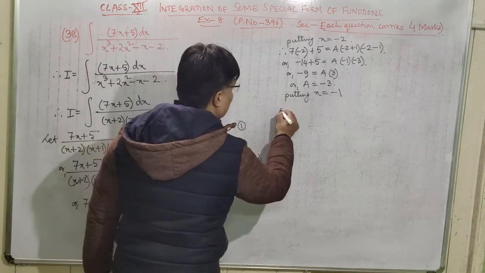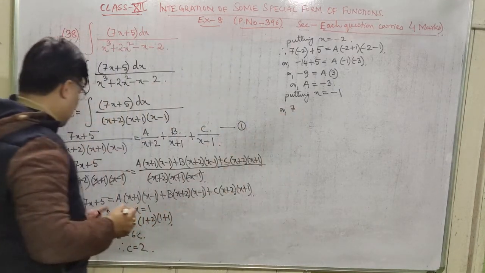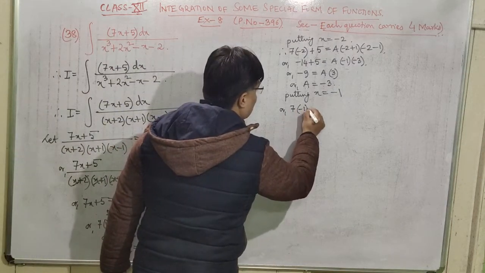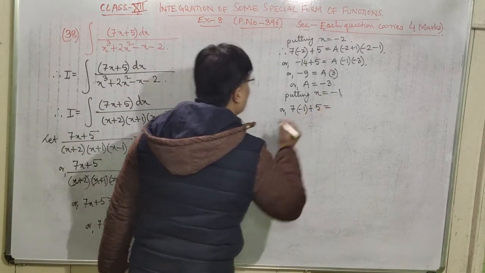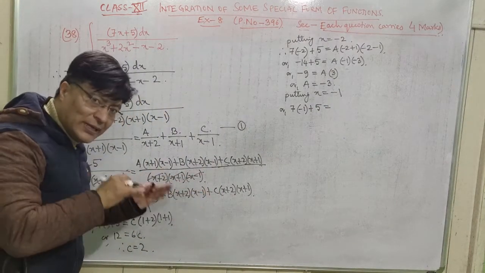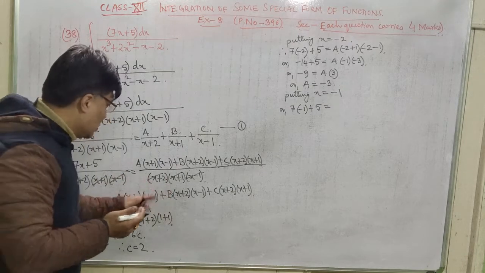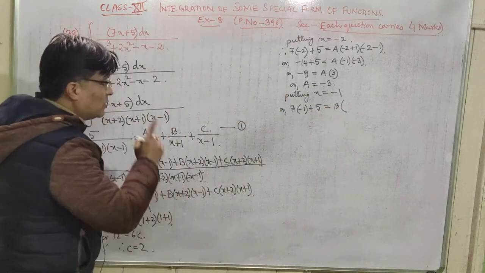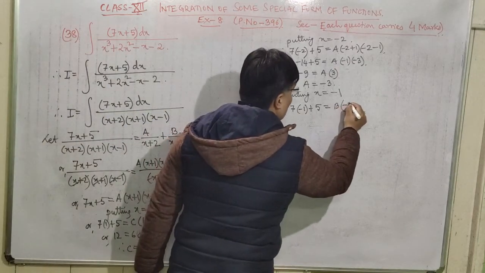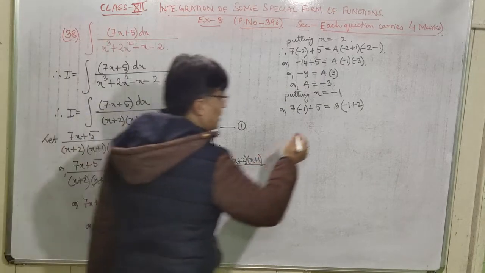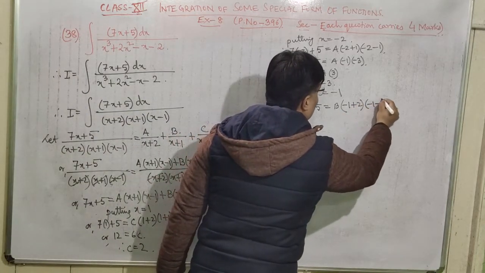So 7 into x is minus 1, plus 5, is equal to, on the right hand side, the first term and the third term will be 0. Only the second term remains. So it is b into, what is x plus 2 now? It is minus 1 plus 2, which is 1.